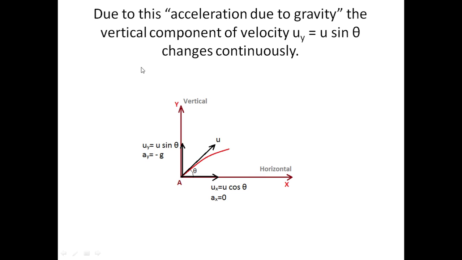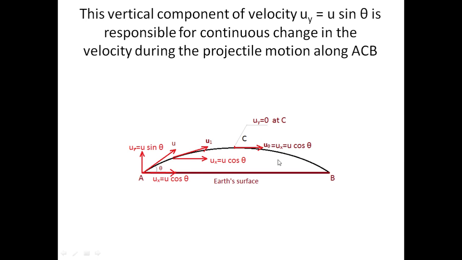Due to this acceleration due to gravity, the vertical component of velocity Uy equal to u sin theta changes continuously. This vertical component of velocity is responsible for continuous change in the velocity during the projectile motion along ACB.